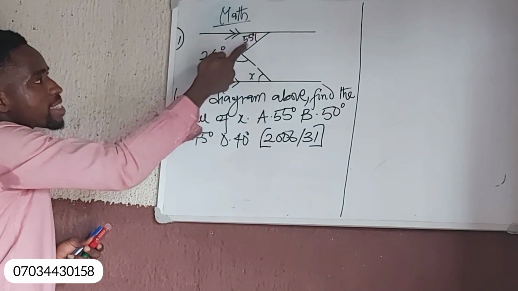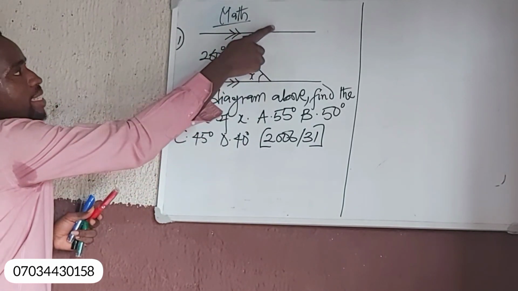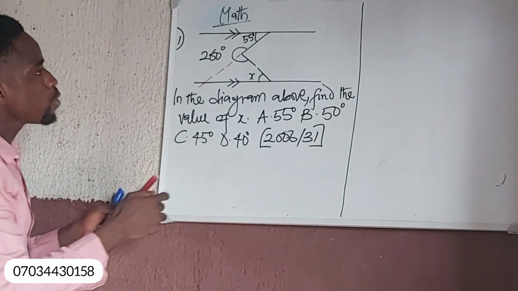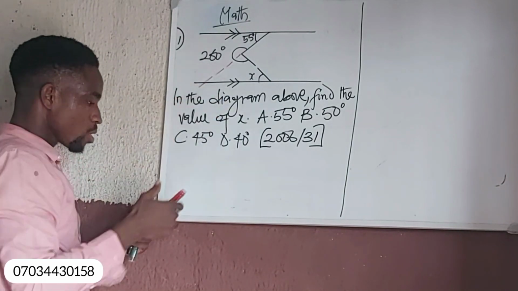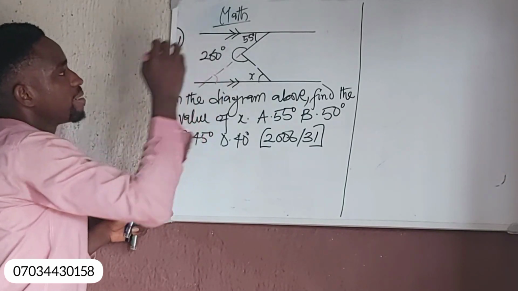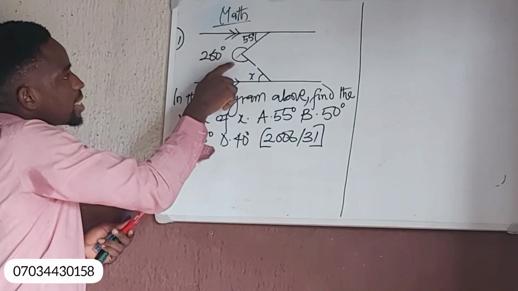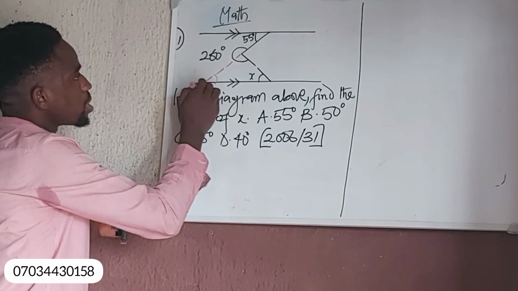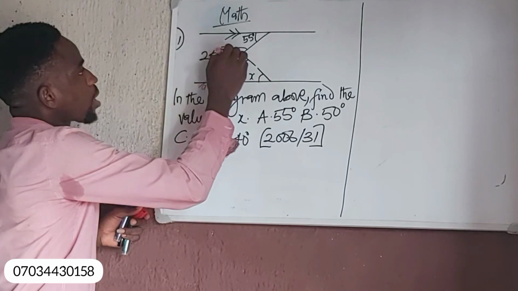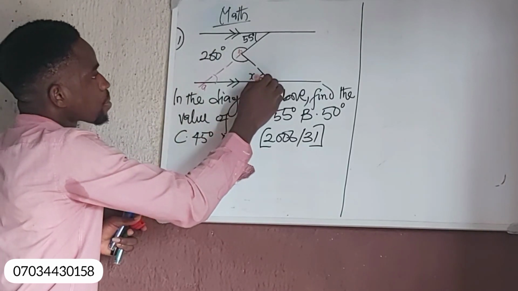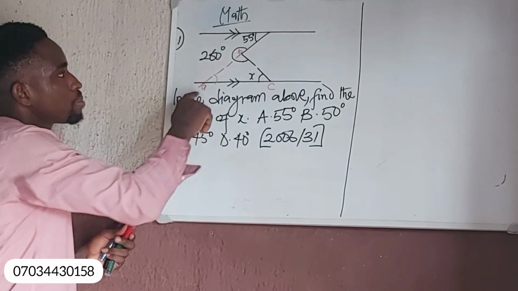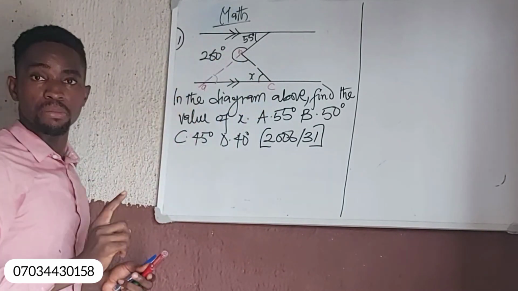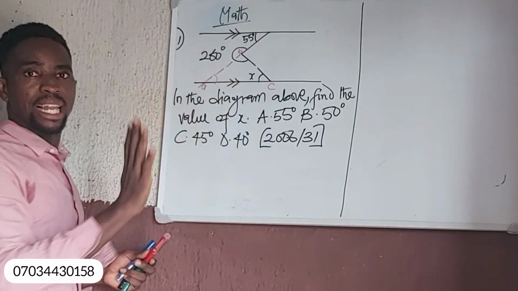Now this line is a transversal, and it will form an angle here, and this is also an angle. If I call this point A, this point B, and this point C, you can see that I have formed a triangle, triangle ABC, and I can easily analyze it.